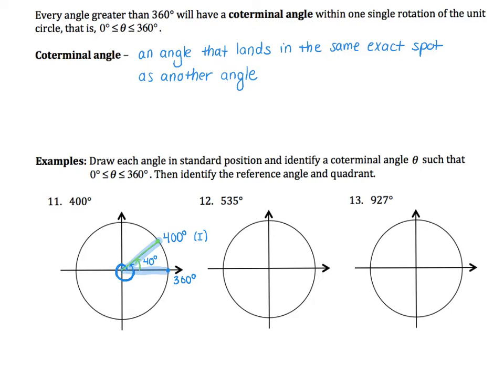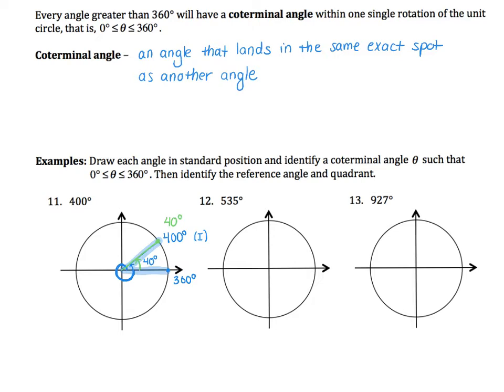So I'm going to say that 40 degrees is coterminal with 400 degrees. In the case of 40 degrees, I just rotated a little bit. In the case of 400 degrees, I rotated all the way around and then some, but ultimately I landed in the same spot. Thus, 40 degrees and 400 degrees are coterminal.